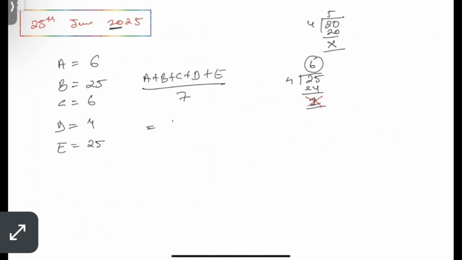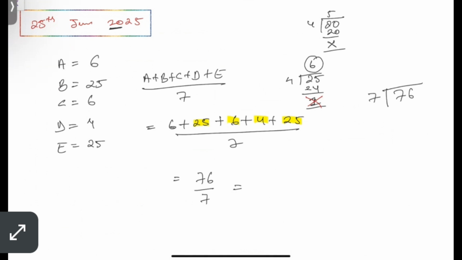A is 6, B is 25, C is 6, D is 4, plus 25, divided by 7. So 25 plus 25, then 60, 70, 76. So I have 76 divided by 7. 7 tens are 70, how much is left? 6. Did I make a mistake in the sum? It's 66, right? Yeah, 66.